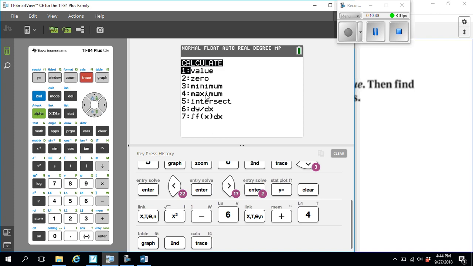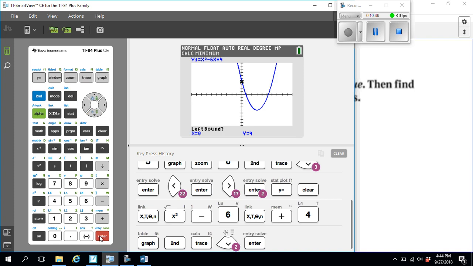Now, instead of going down to 4, we're going to go to number 3, where our minimum is at. So go down to number 3, and we press enter. Now, don't forget, left bound, whenever it says that, you're finding the left-hand side of the vertex. So we are already on the left-hand side. That's where our cursor is, the one that's blinking. And then once that is there, you press enter.